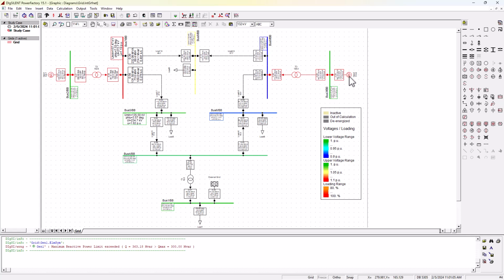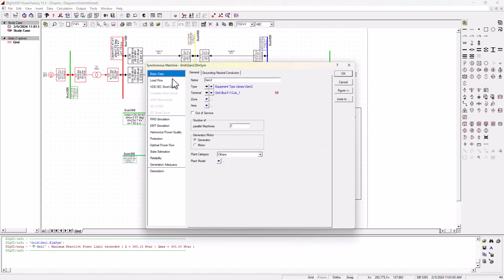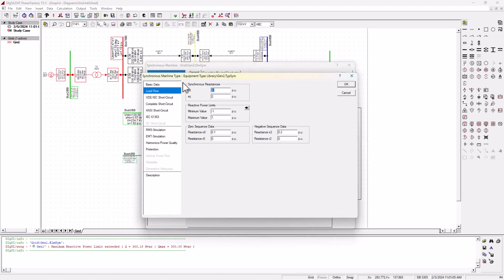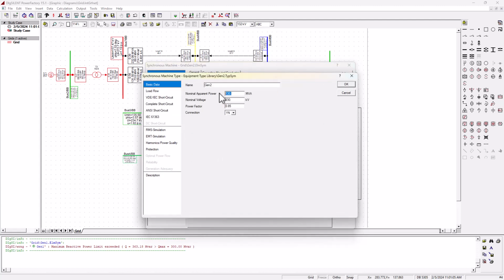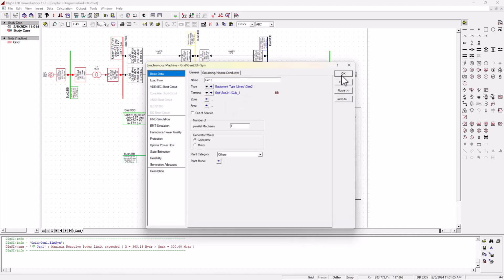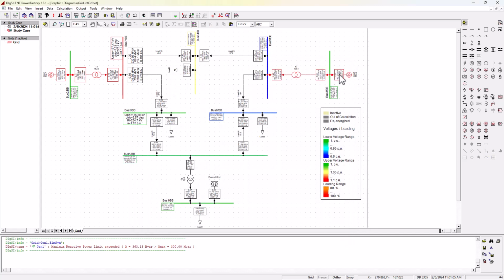Now, apart from that, we can also see that this generator is 113.6% overloaded. The reason it is overloaded is obviously because the basic data of that generator is set at 130 MVA, but the generator is supplying 147 MVA, because there is 85 megawatts and there is 120.8 megavolt ampere reactive power that it is absorbing.